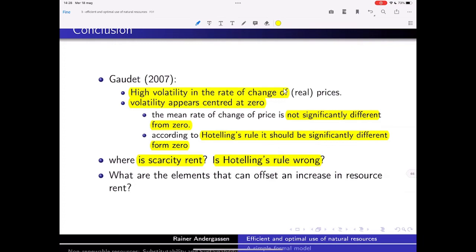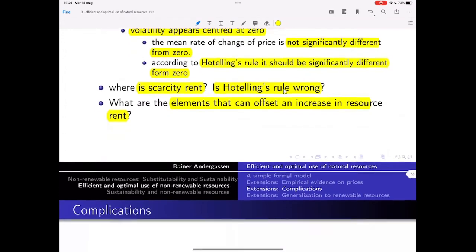Or are there some elements we are missing? So is the model we have built so far too simple to be able to make a real-world prediction? So are there elements that are able to offset the increase in the resource rent? So are there elements we are missing that offset?